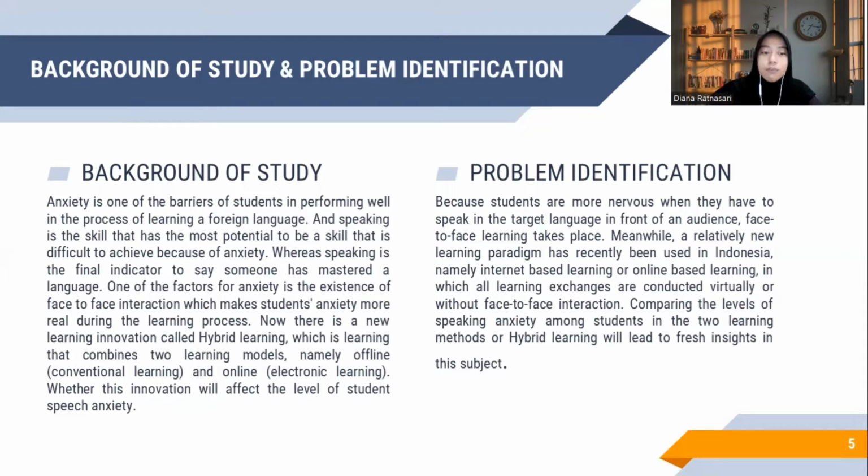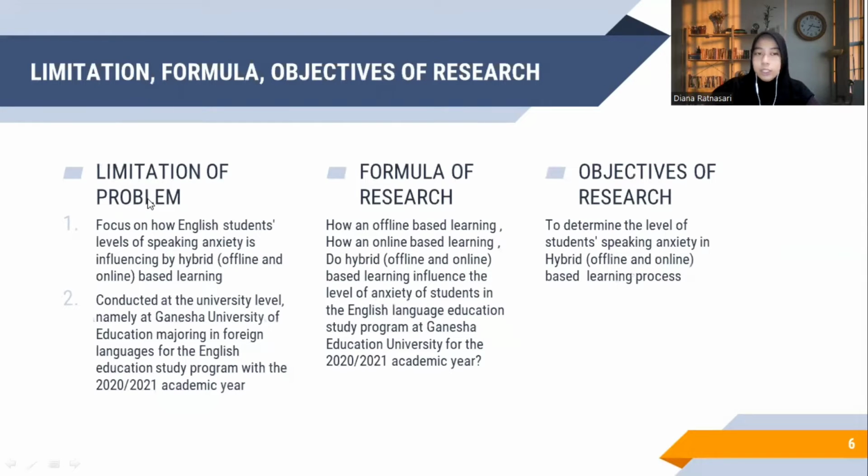And then we move to the explanation about the limitation, formulation, and objective of this research. For the limitation, this research only focuses on how students' speaking anxiety levels are influenced by hybrid offline and online based learning.